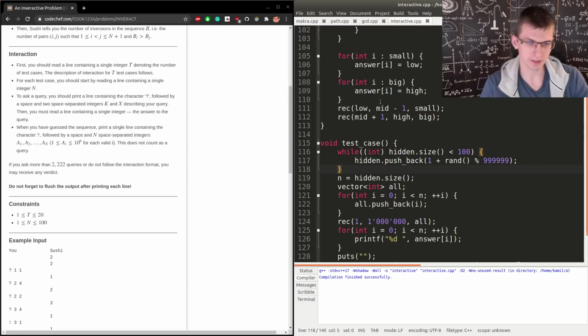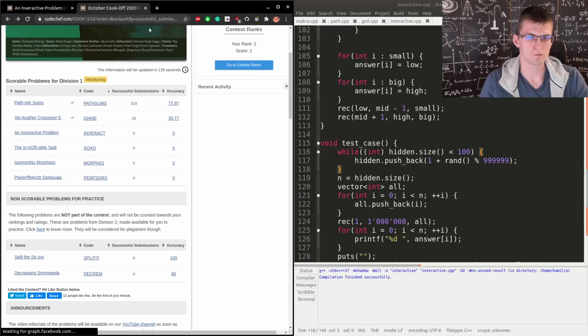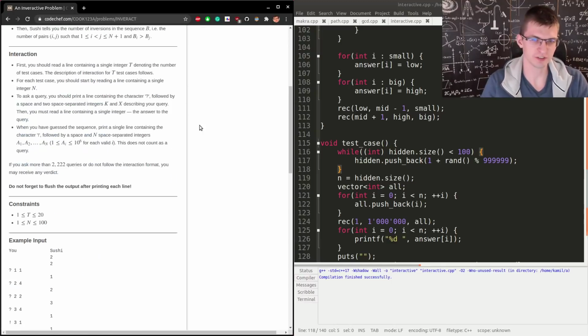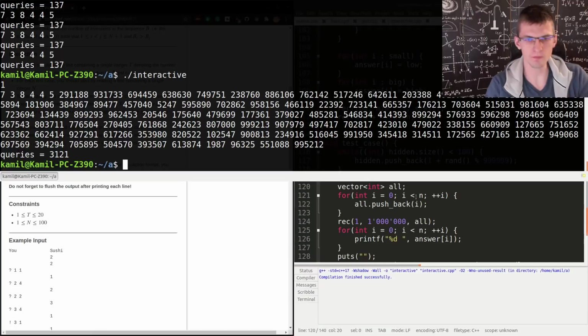I think I did a lot of unnecessary stuff then. But others aren't doing better. Can I find the set of values in the input by asking about inversions at the very beginning?